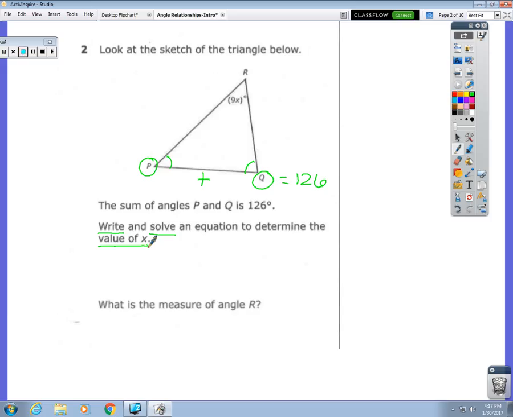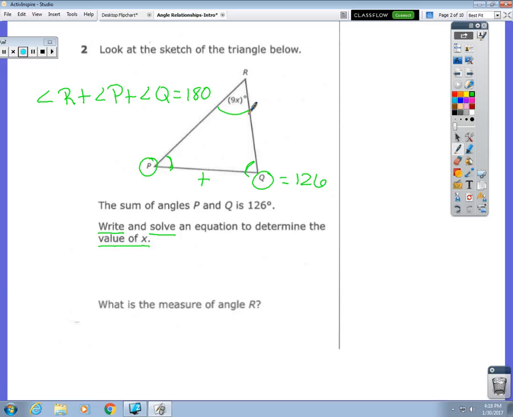This is going to be one of our vocabulary terms, called the triangle sum theorem. If you add all the angles inside of a triangle, it's going to equal 180 degrees. So what that means is that angle R plus angle P plus angle Q is going to equal 180 degrees. If I add all 3 of these together, that is going to equal 180 degrees.